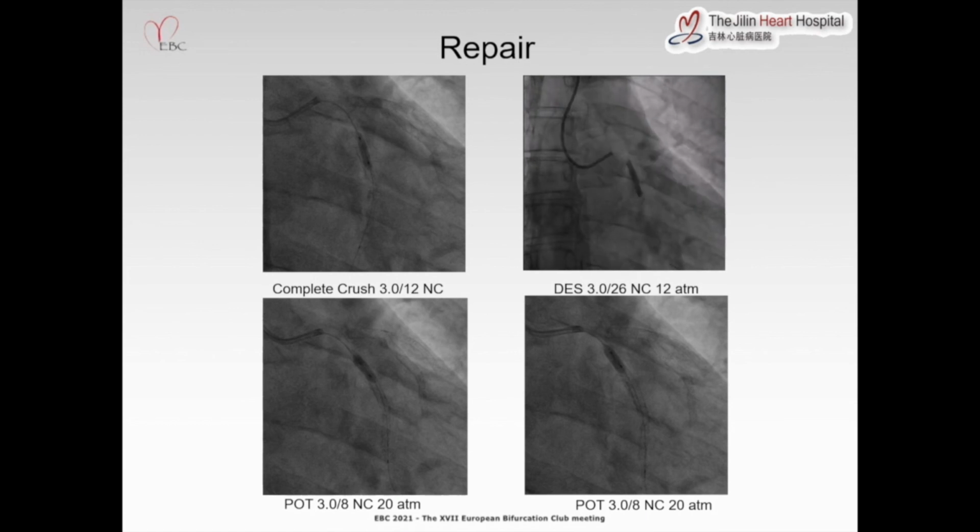The so-called repair by the operator was done by dilating extensively and crushing completely the malapposed stent, and then implanting another stent on the main branch.